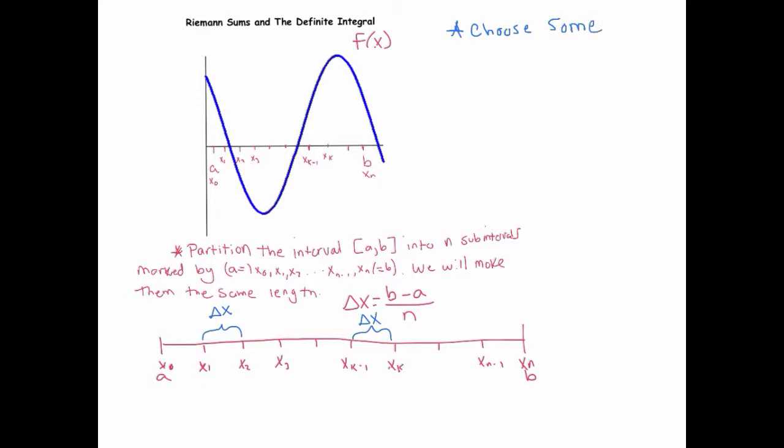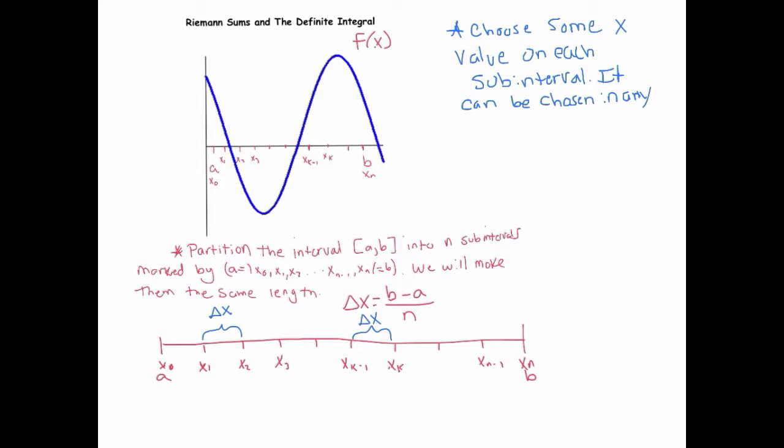So what I'm writing is just to choose some x value on each interval. It doesn't need to be chosen in any particular way. It can be in any way.